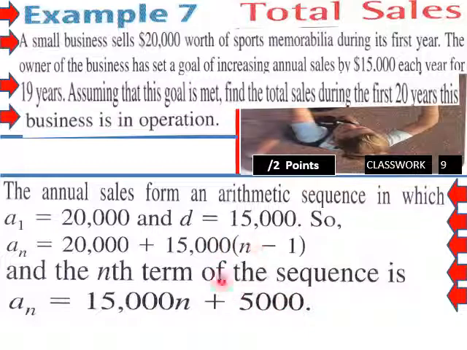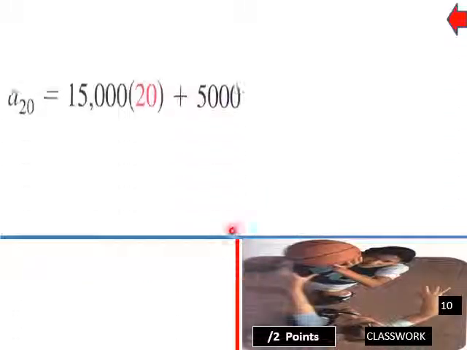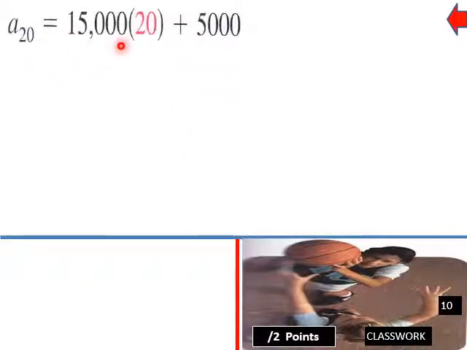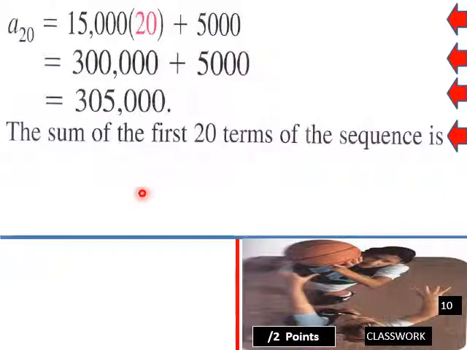When you multiply through and combine like terms, we come up with this expression. This implies that the 20th term, when you plug in 20 for n, is 300,000 plus 5,000, which is 305,000.